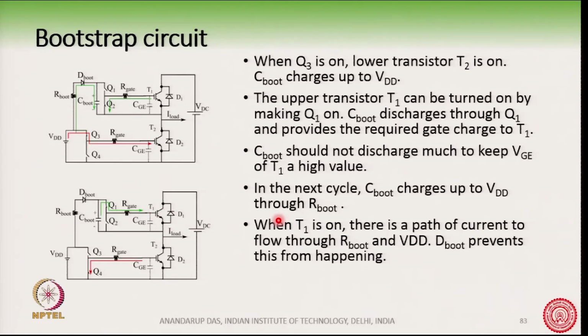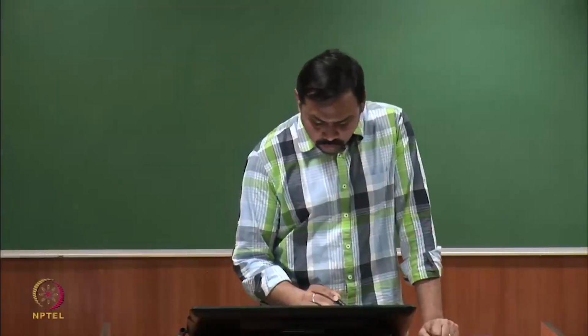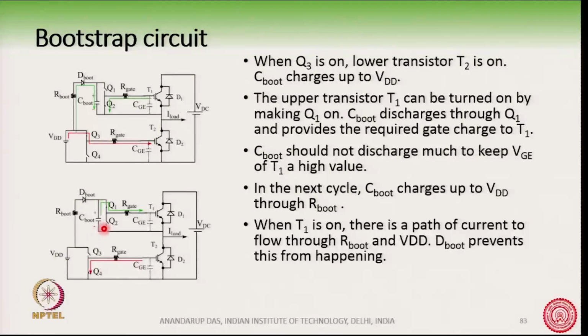We would like to keep the VGE high, so that the on state VCE on is a minimum, small value. So, we should choose a high value of C boot, so that it does not discharge much and this VGE voltage does not fall.